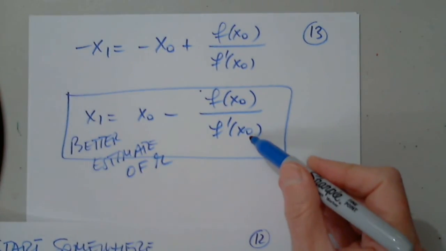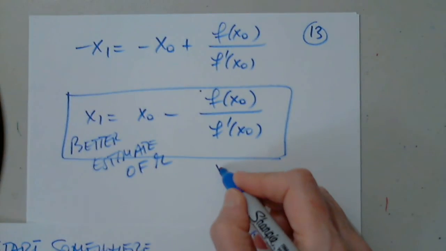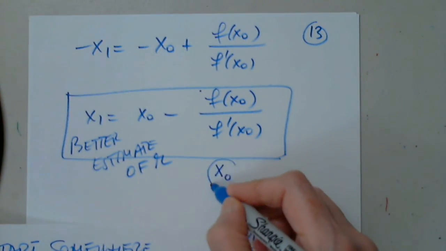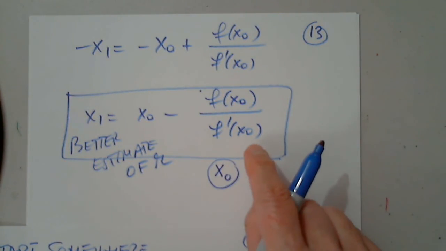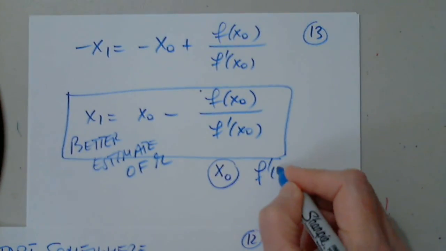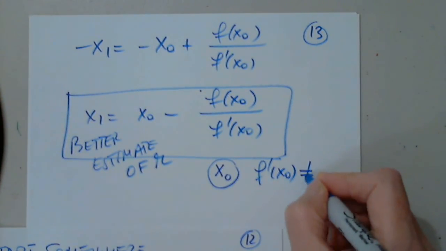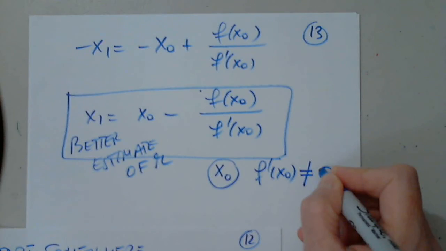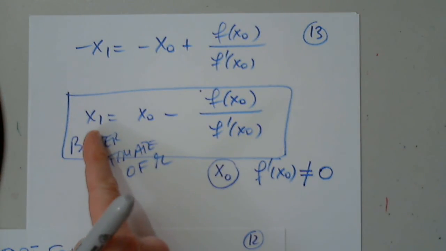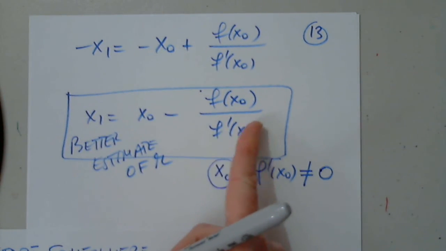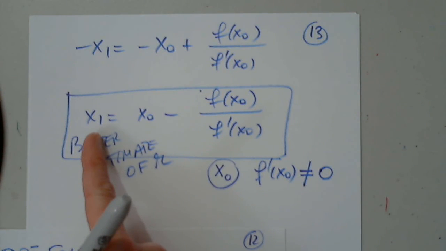See what happens? I have to be careful that the x0 that I choose does not make f prime of x0 0. Because I will never determine this. If this piece is 0, this doesn't exist.